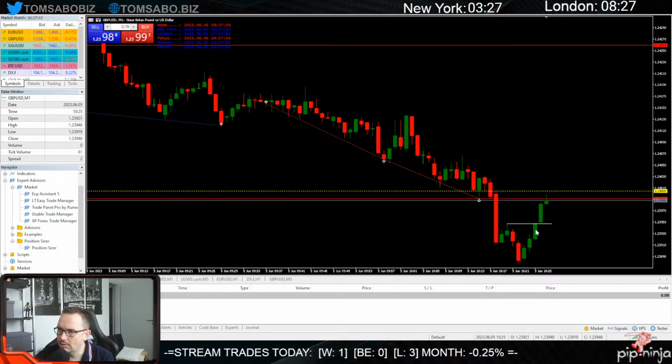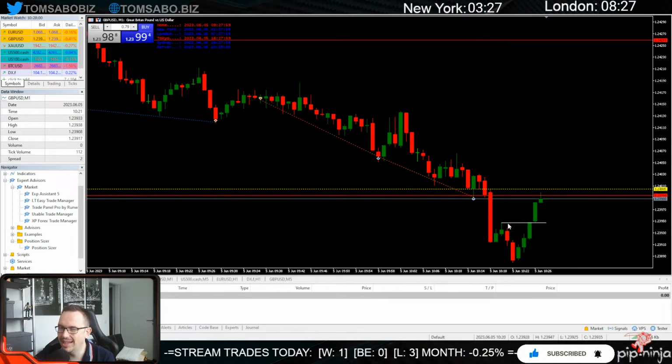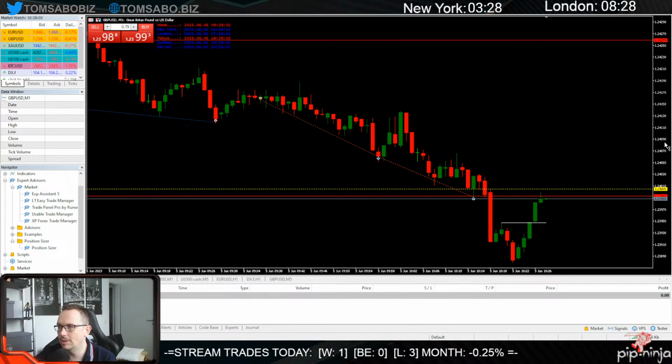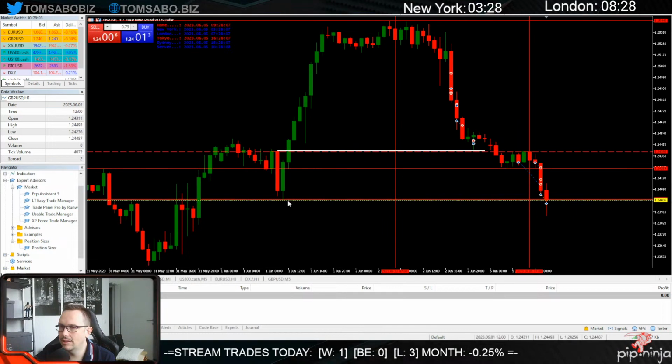So that candle right there closed one tick higher than this candle. So technically speaking, it can be a structure break on the 1 minute. And so far, it's quite all right because it took out liquidity from here.